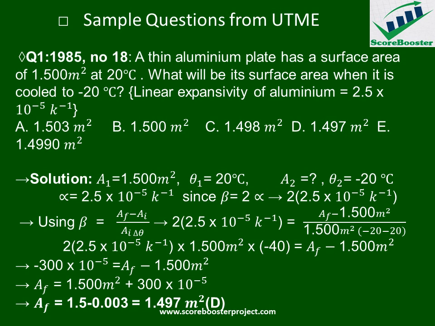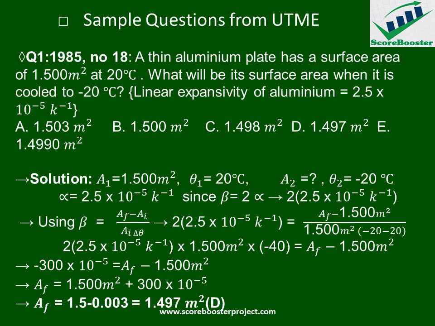Now we have to recall that area expansivity beta is equal to 2 times linear expansivity. If we apply this, our area expansivity can be calculated from the given linear expansivity.